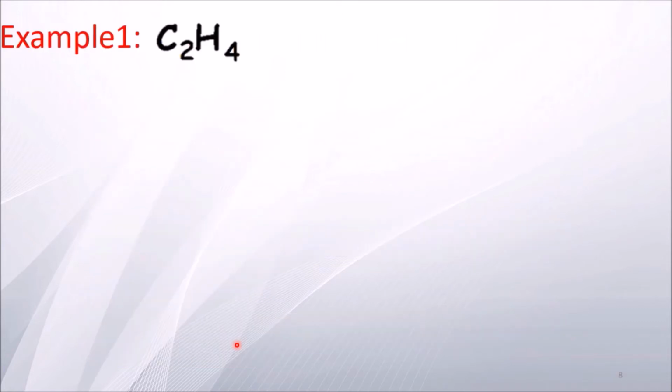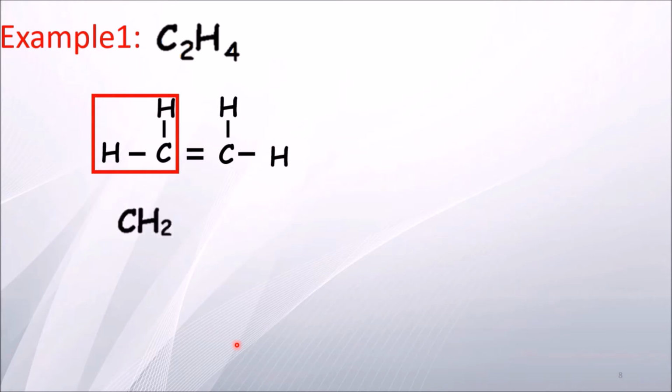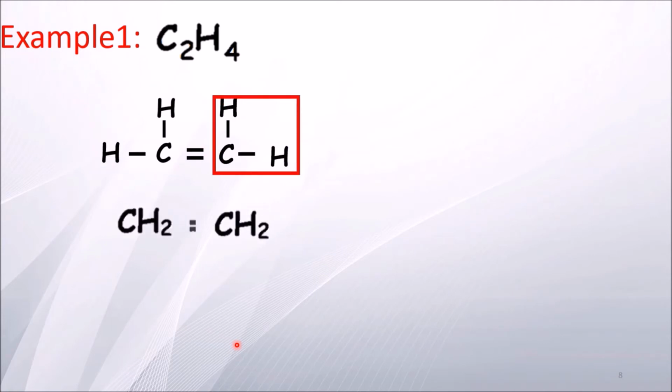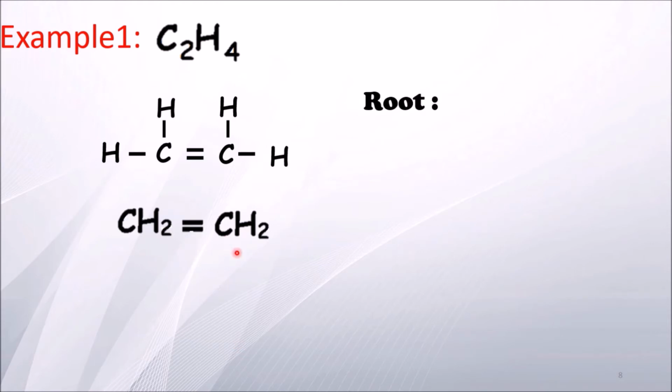Here is our first example, C2H4. Now that's how the open structural formula looks like. So we can have the condensed structural formula as this. Now in naming it, we count the number of carbon atoms to determine the root word to use.